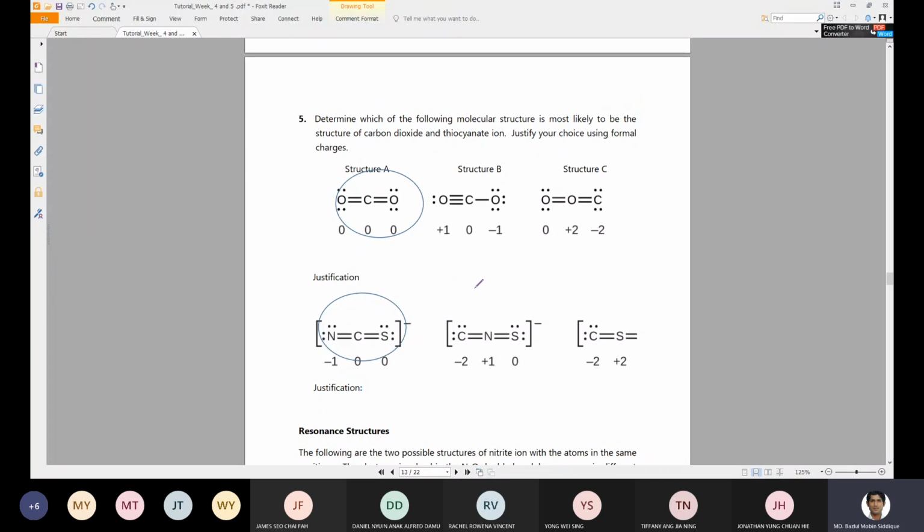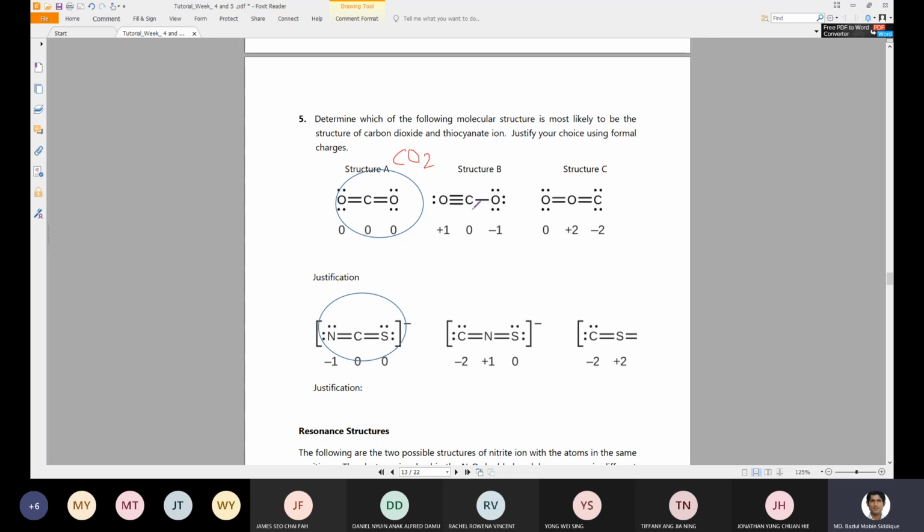Fulminate is CNO. All right. So this is carbon dioxide, and by this way, if we do the formal charge for this molecule, we will see that they are all in this way. When they are oriented, carbon and oxygen, the formal charge is 0, 0, 0.